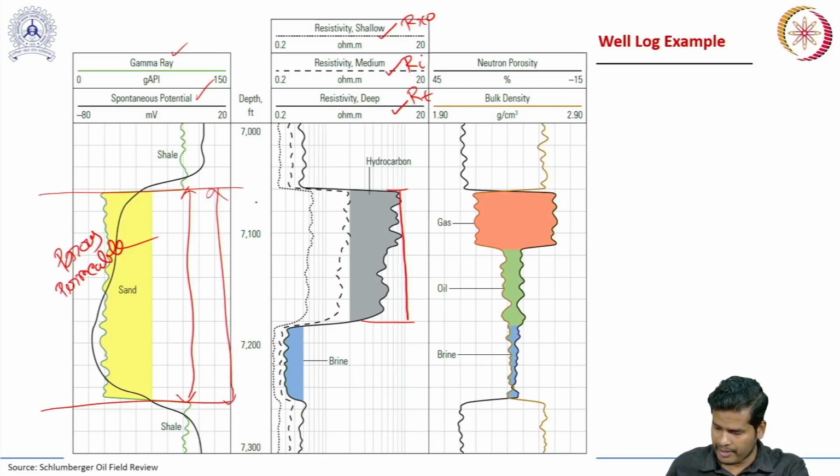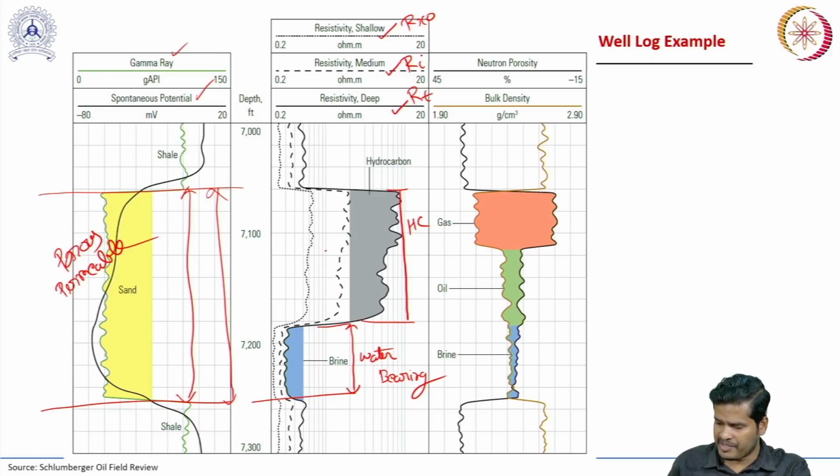Within that boundary, from here to here you have a very high value of resistivity of the formation. That means this must be a hydrocarbon bearing formation. And from here to here you have very low resistivity of the formation. That means it must be a water bearing formation.